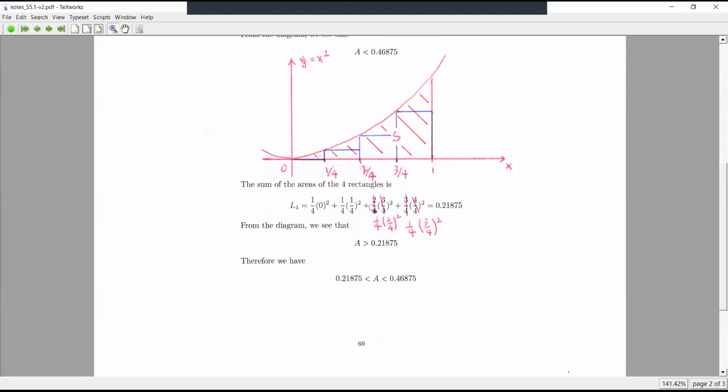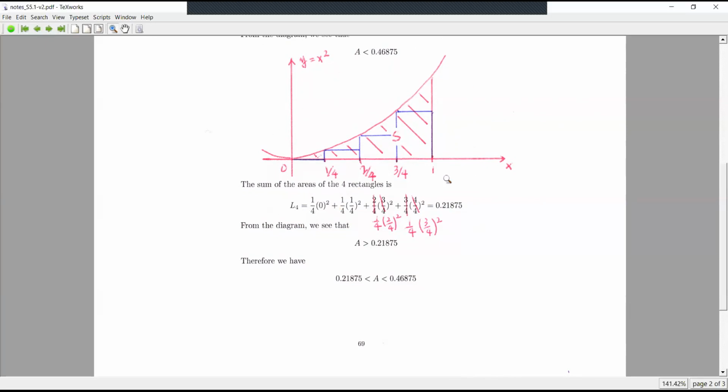Now make a sum of these 4 areas, then we get this number. The notation for this sum is L4. L means use function value at the left endpoint to build rectangle. L, left endpoint. This number 4 is the number of rectangles, 4 rectangles.